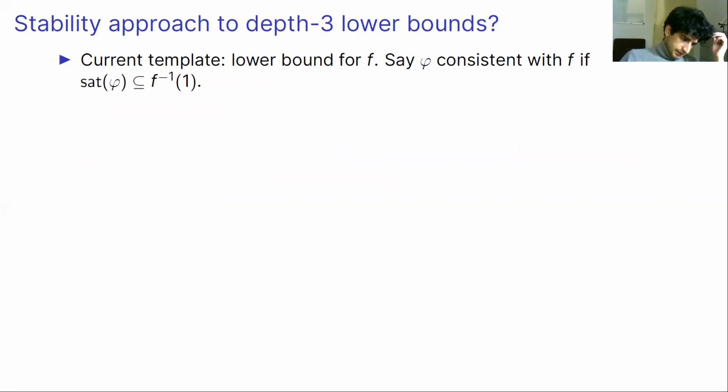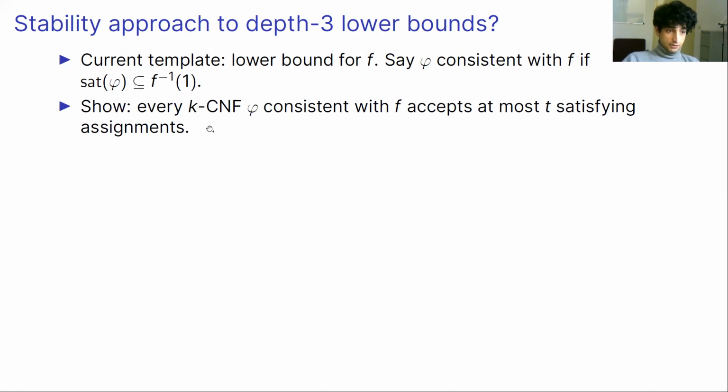So let me recall briefly what is the general strategy in proving this kind of lower bounds. The template is the following. We have some function f which we want to prove is hard. Once again, we say that some formula is consistent with this function if the set of satisfying assignments is contained in the ones. And the main step is the following: show that every k-CNF consistent with this function accepts at most t, some parameter t, many satisfying assignments.